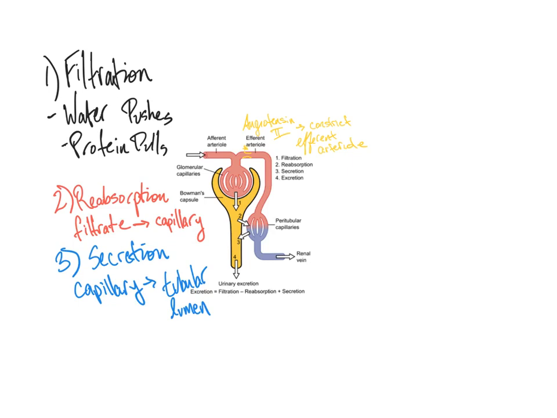These two actions occur at the peritubular capillaries. So anything that ends up in the urine was either filtered in the beginning or was secreted. This lends itself nicely to an equation, and as you know, at SPFD we love making you memorize equations. So, excretion is equal to the filtered amount plus the secreted amount minus whatever was reabsorbed.